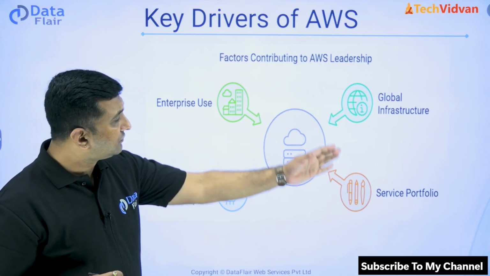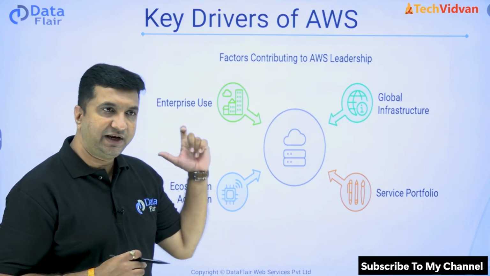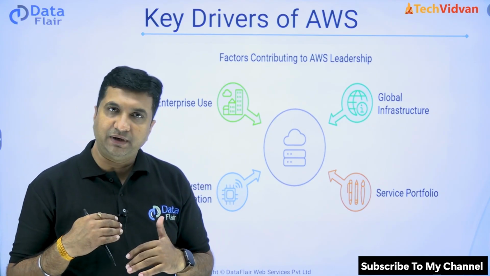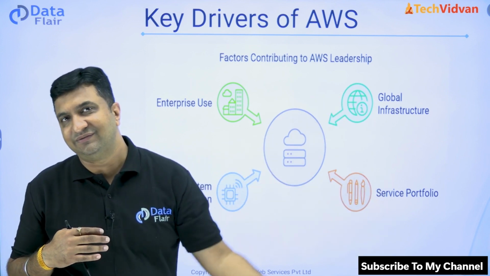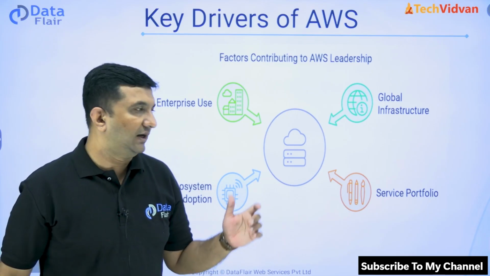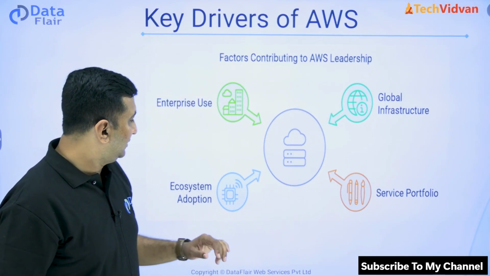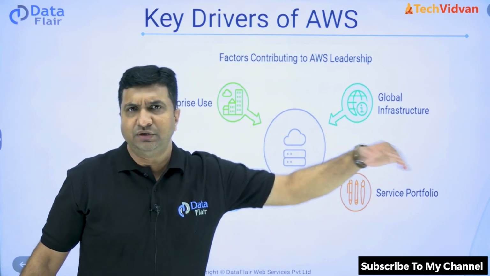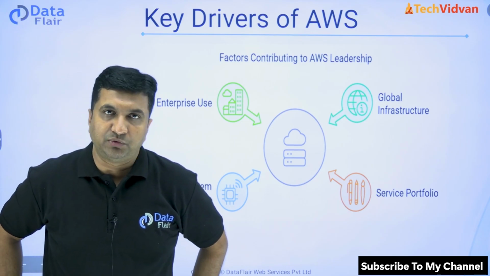These key drivers are, first, enterprise use. Ranging from a small-scale enterprise to a very large enterprise, AWS can host. It's a whole spectrum of enterprises which can be hosted by AWS. Then global infrastructure. We'll talk about the AWS global infrastructure in detail in the upcoming lessons.